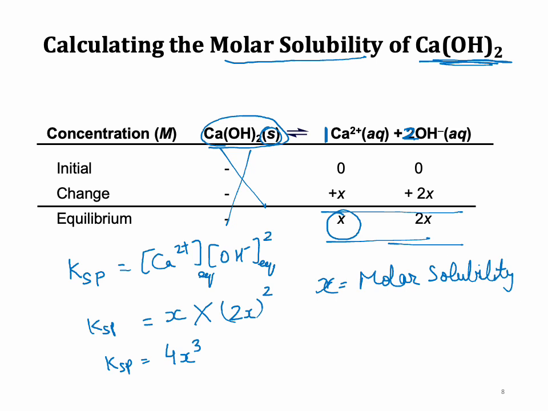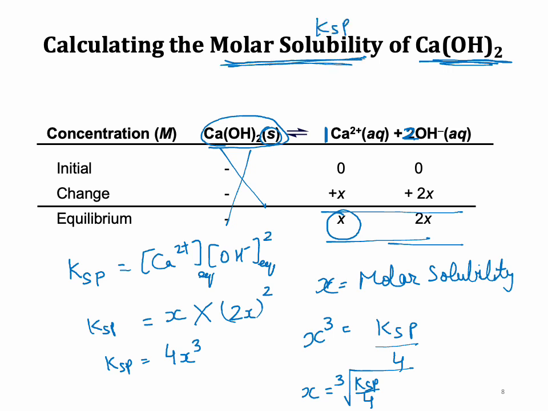So from this expression, if I rearrange it, I get x cubed is going to be Ksp divided by 4, which means x is going to be the cube root of Ksp divided by 4. So that is how we find the relationship between molar solubility and Ksp. Whenever we make the ICE table, x is going to be equal to the molar solubility of this salt.